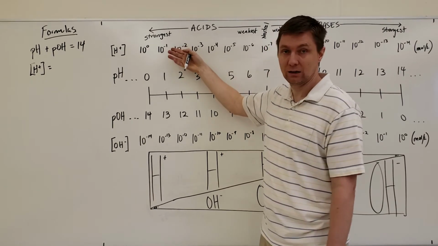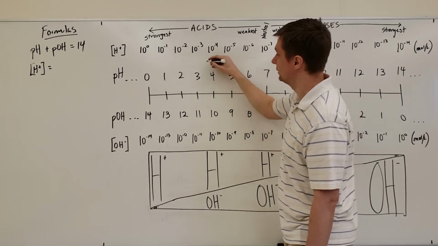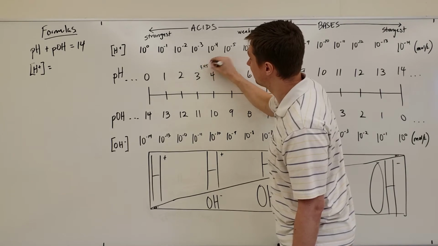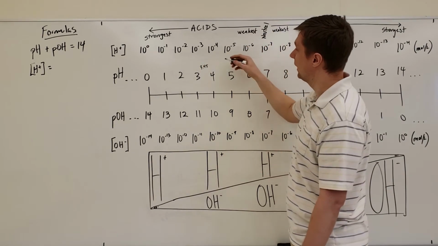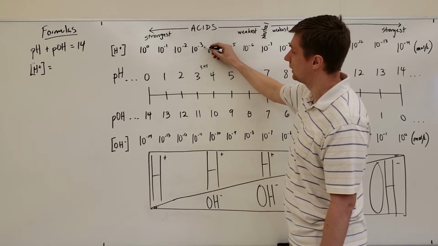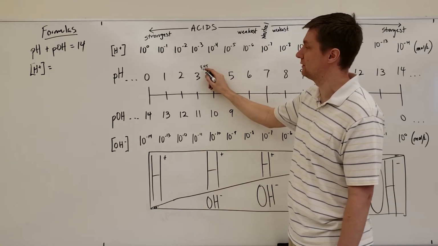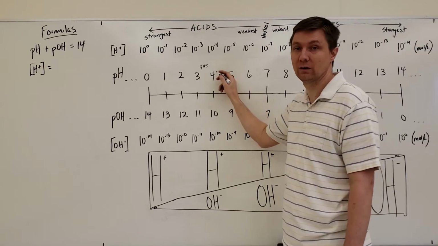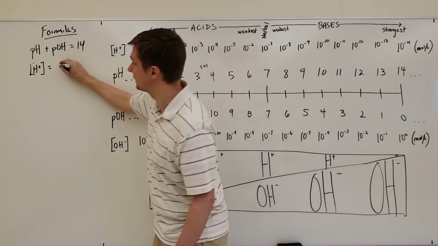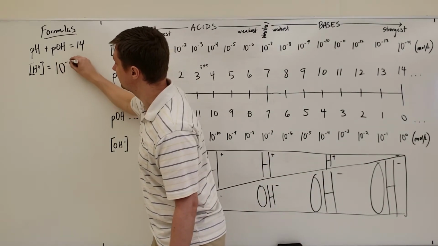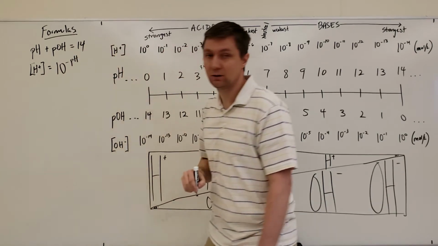So 10 to the negative 1. If my pH is 3.45, then my hydrogen ion concentration would be 10 to the negative pH. In other words, 10 to the negative 3.45. So that's our formula here, the hydrogen ion concentration is just 10 to the negative pH.